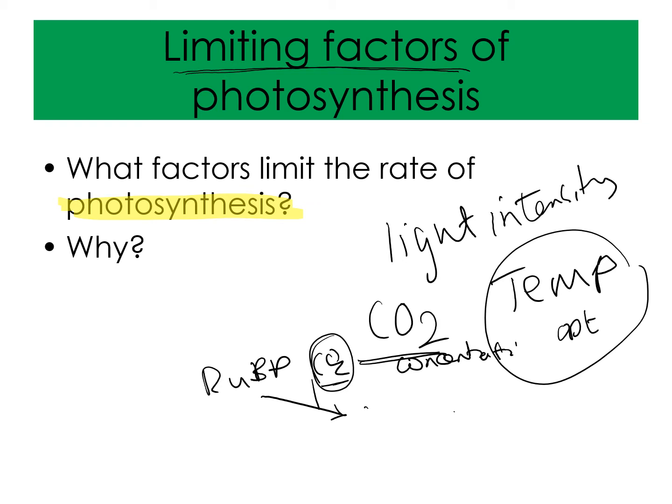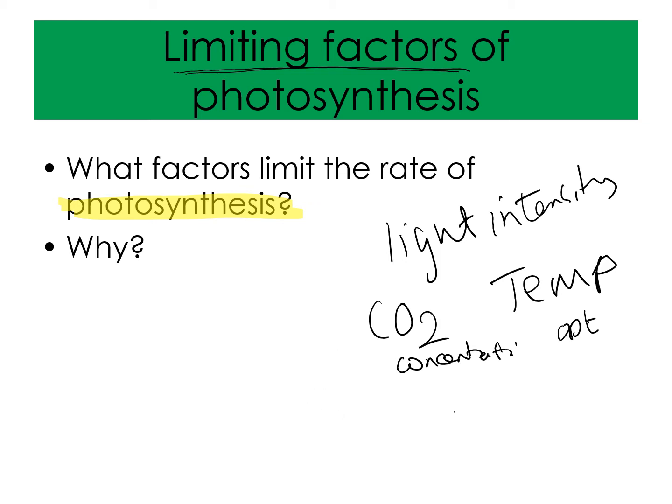And again, that would reduce the rate at which we produce GP. So every single one of these you would need to be able to take to that kind of level of detail in your descriptions, and we'll have another go at that in a minute.